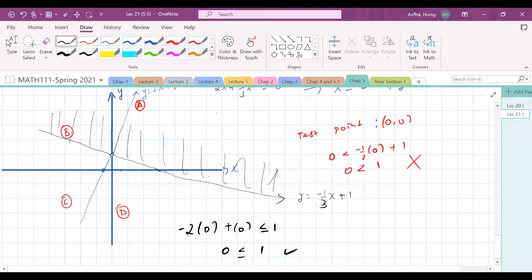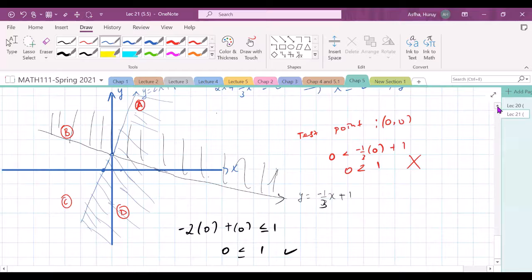So first, I will shade all that area. I should use a different color, so let me use blue. This is the solution to this inequality.